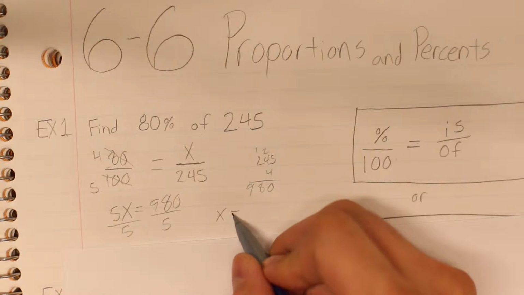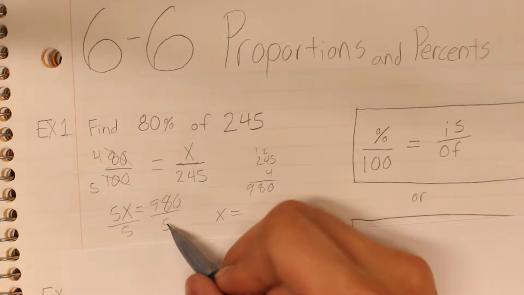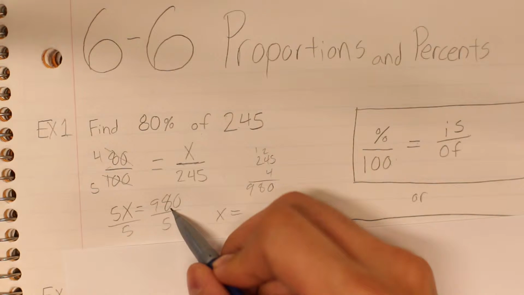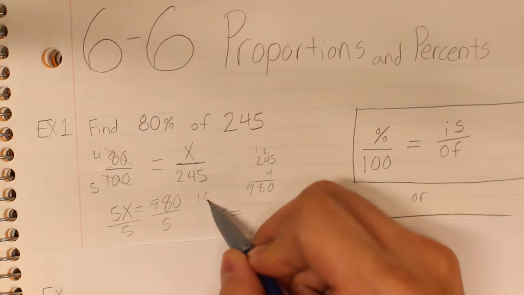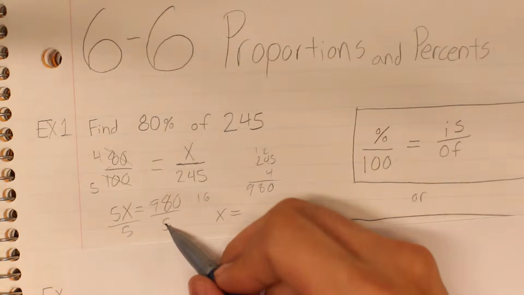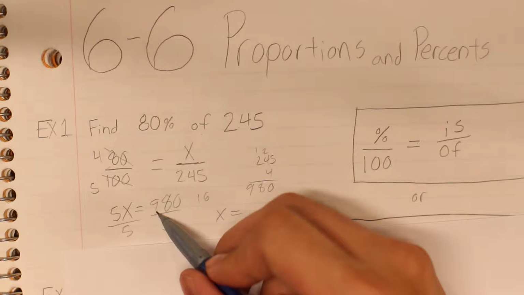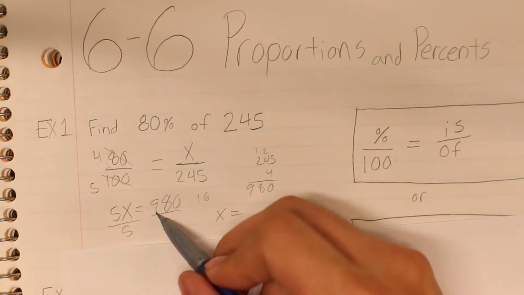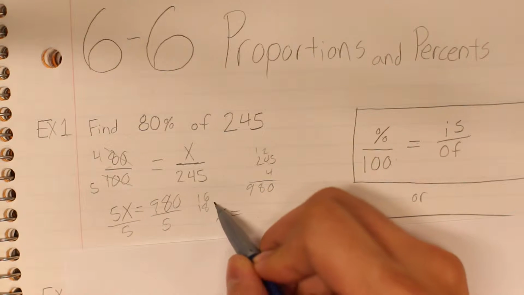So x equals, well, I know that 5 goes into 80 16 times. 5 goes into 900. It goes into 90. What is it? 18 times. And so it means 5 goes into that 180 times.